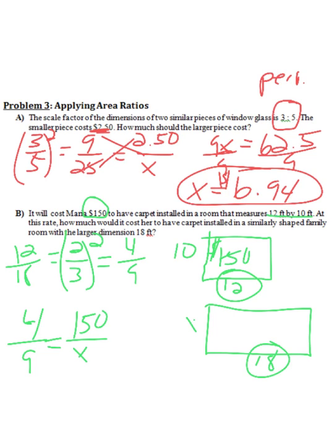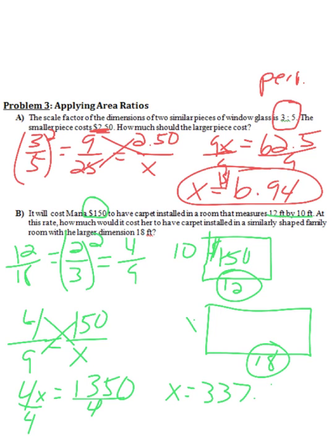X is going to go with the larger. I cross multiply, giving me 4x is equal to 150 times 9, which gives me 1350. Divide both sides by 4 to solve for x. The cost of that larger room to get carpet installed would be about $337.50.